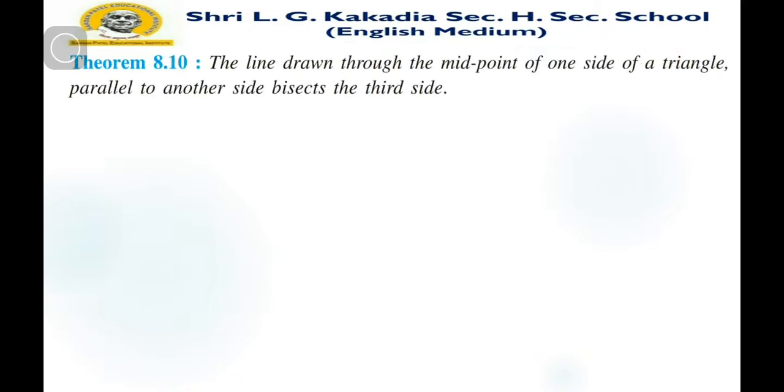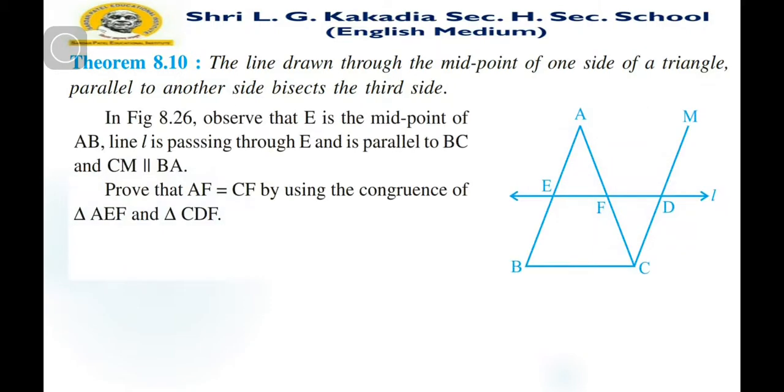Now the last theorem, theorem 8.10: the line drawn through the midpoint of one side of a triangle, parallel to another side, bisects the third side. It is the converse of the midpoint theorem. In figure 8.26, observe that E is the midpoint of AB. Line l passes through E and is parallel to BC, and CM is parallel to BA.